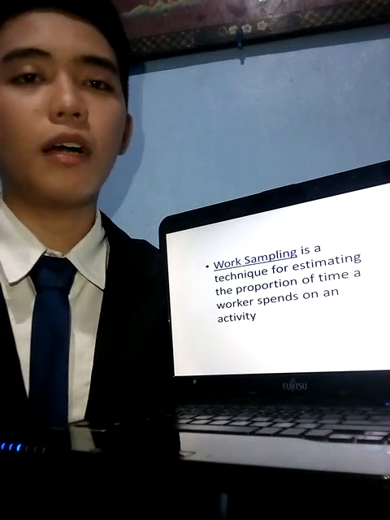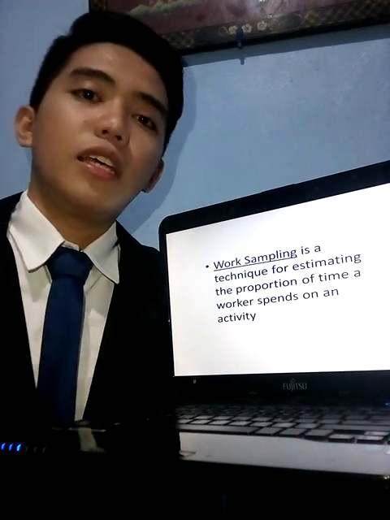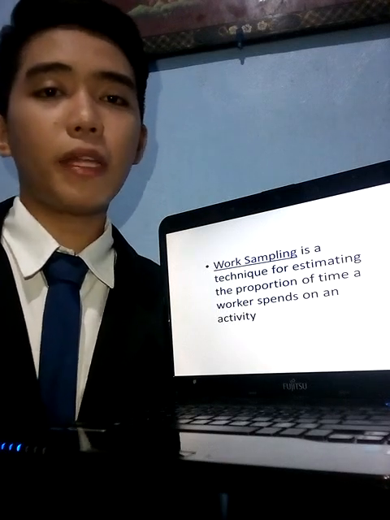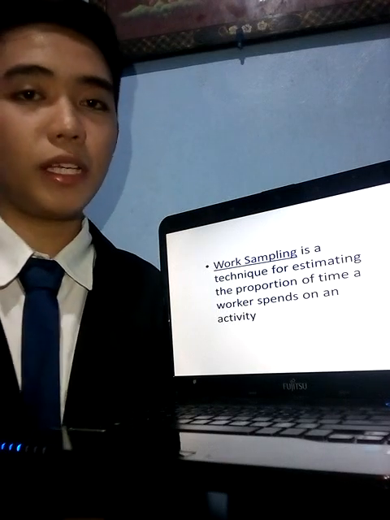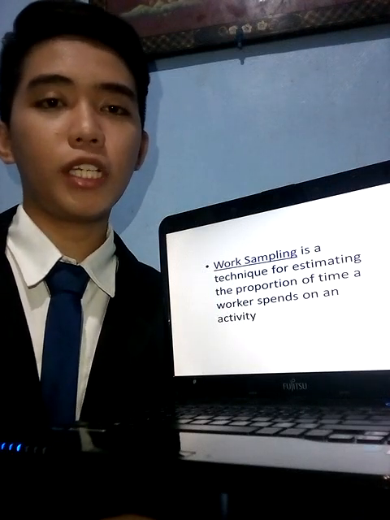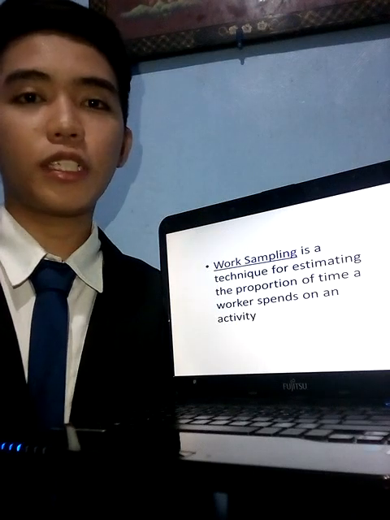Another example is a machine. Many companies may use work sampling to determine what proportion of time the machine is used for rush jobs.